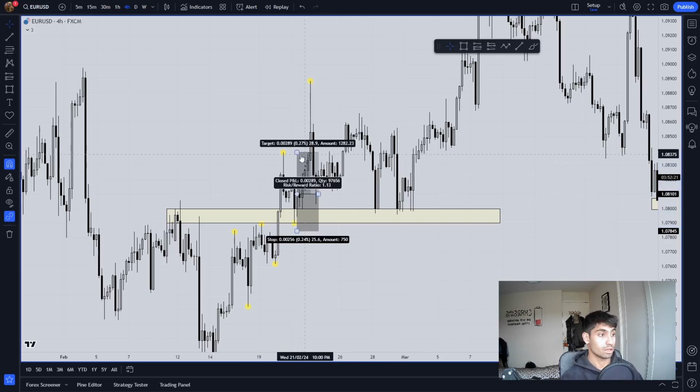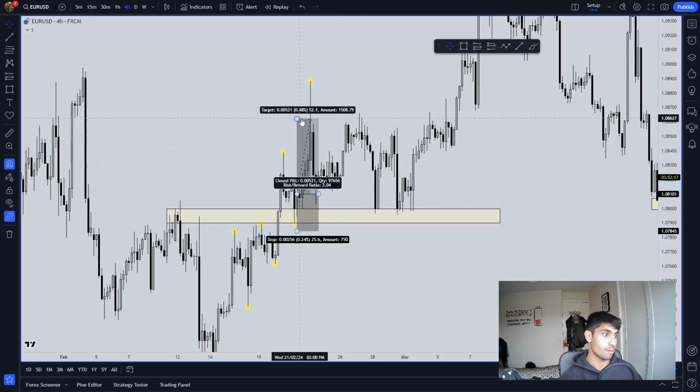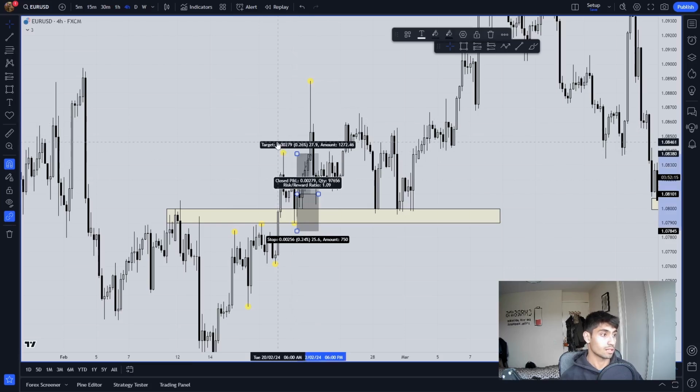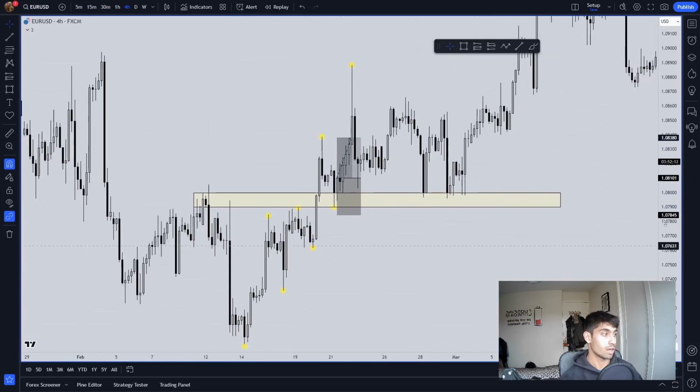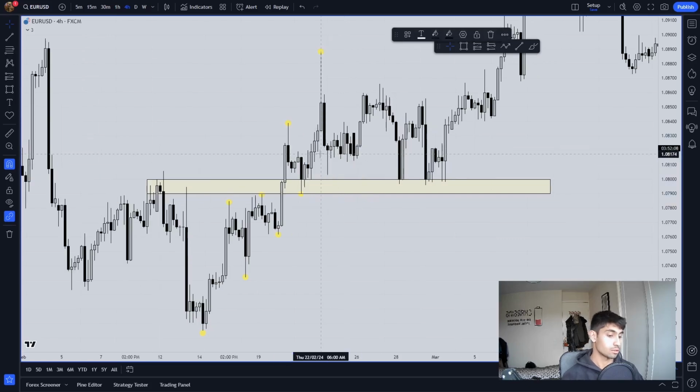So that's why we target the highs, or maybe even beyond the highs, because we expect it to break the highs, remember? So you can at least target the highs. And then bam, that's a trade right there. So anyway, that's just a quick example.